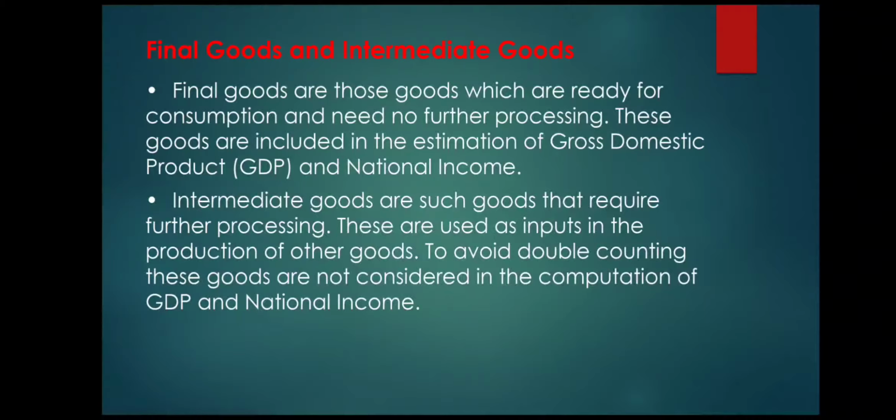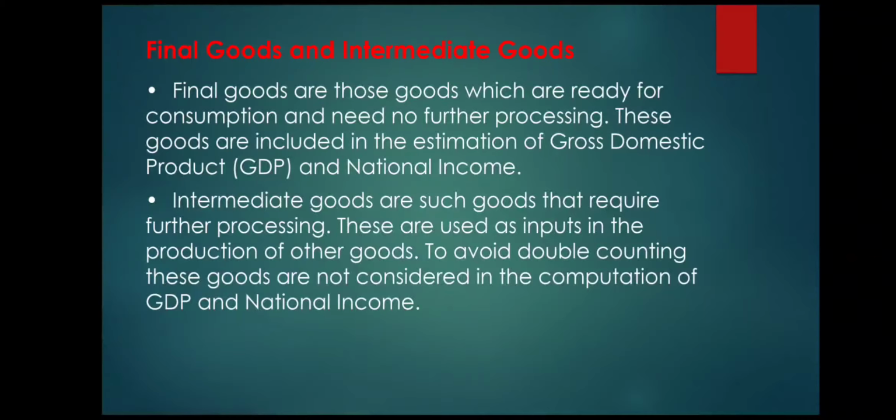To avoid double counting, these goods are not considered in the computation of GDP and national income. So intermediate goods are all those goods which are produced by one producer and used as input to produce a completely different commodity.